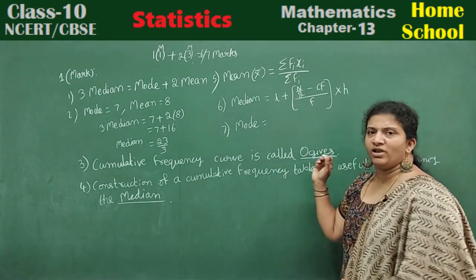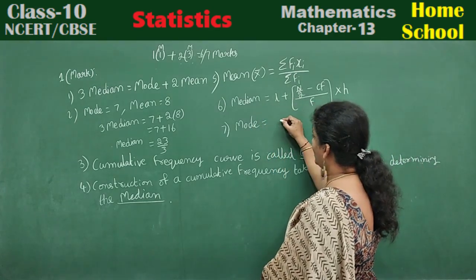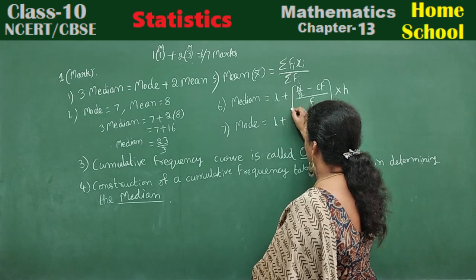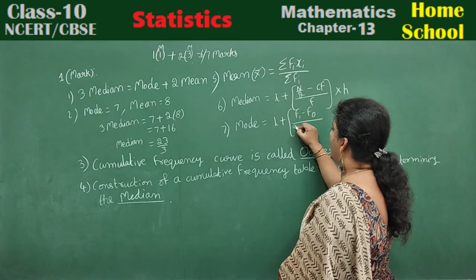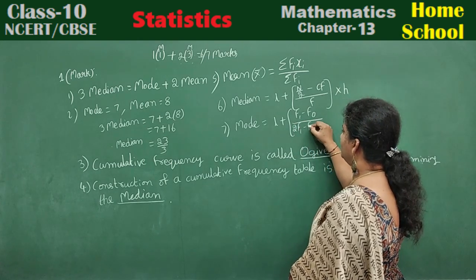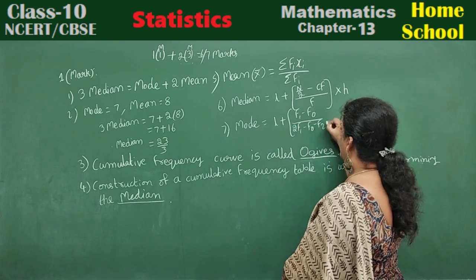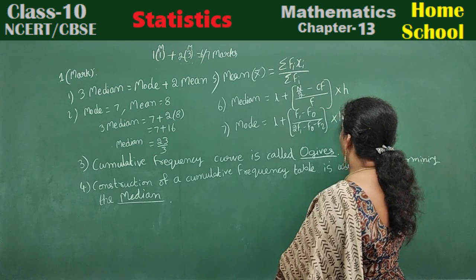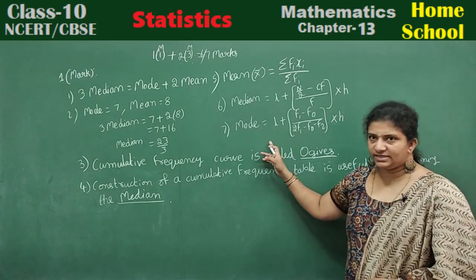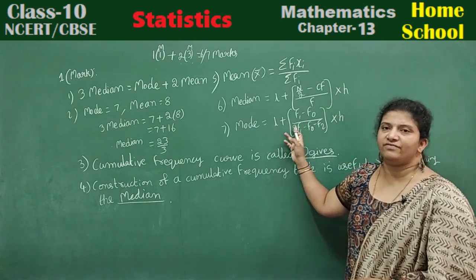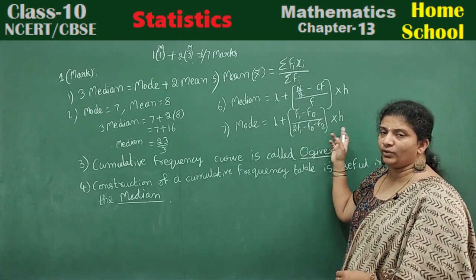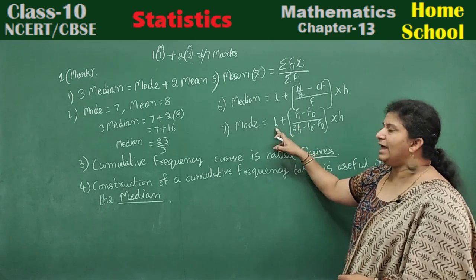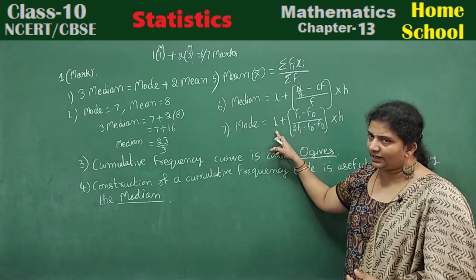And your next question, mode. What is the formula for mode? Mode is equal to L plus F1 minus F0 by 2F1 minus F0 minus F2 into H. L is the lower limit in the modal class.